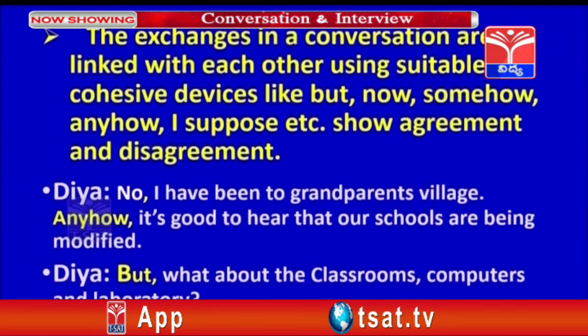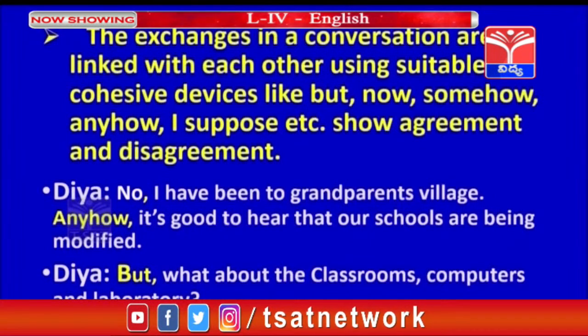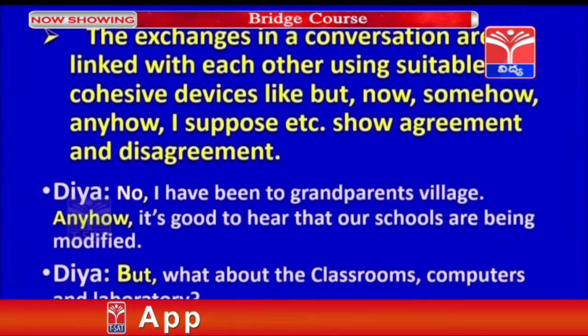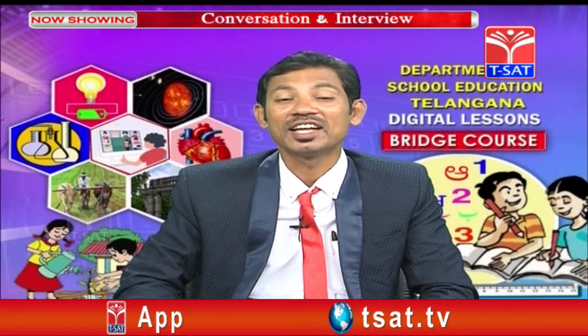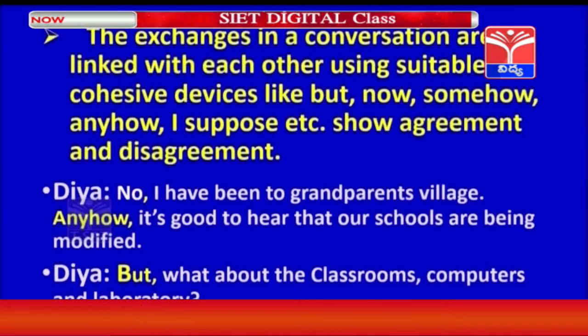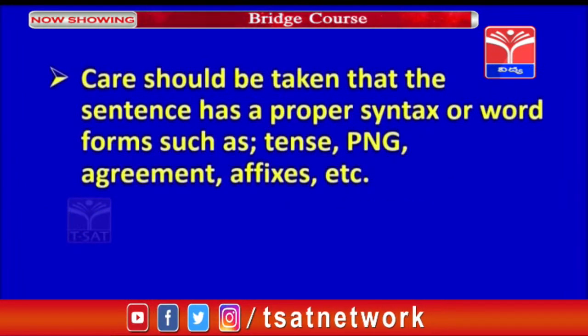Diya says, no, I have been to grandparents' village. Anyhow, it is good to hear that our schools are being modified. So here, anyhow is highlighted because it's a cohesive device, and but also highlighted. It's a cohesive device.